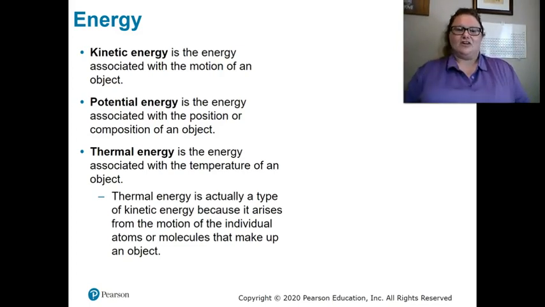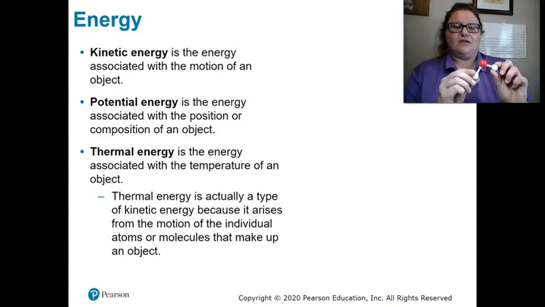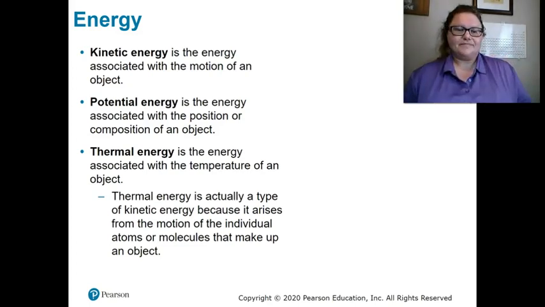We can also have potential energy in chemical bonds. The chemical bond has potential; it will release energy if I break this bond. And lastly, thermal energy. Thermal means heat, so it's the type of kinetic energy that results in heat.